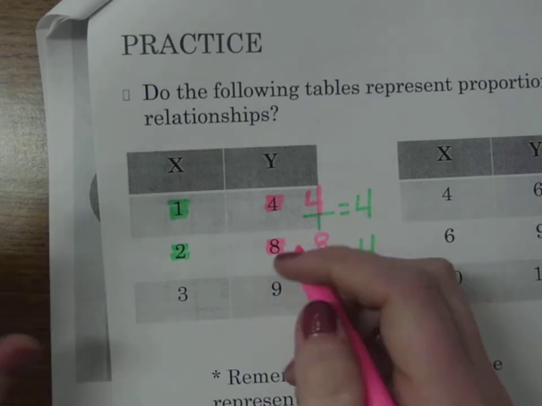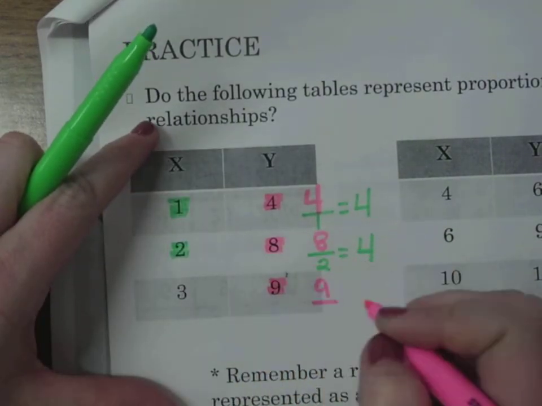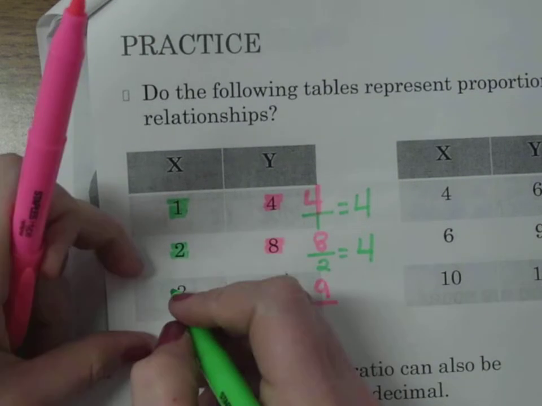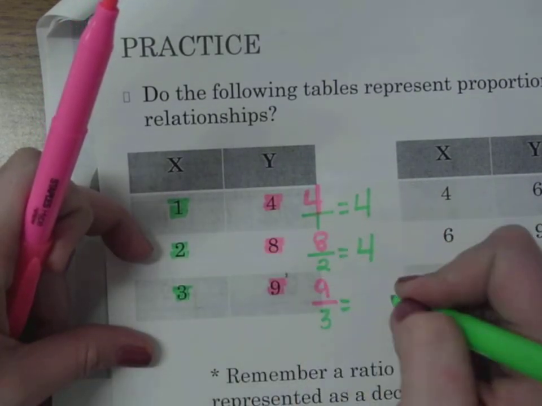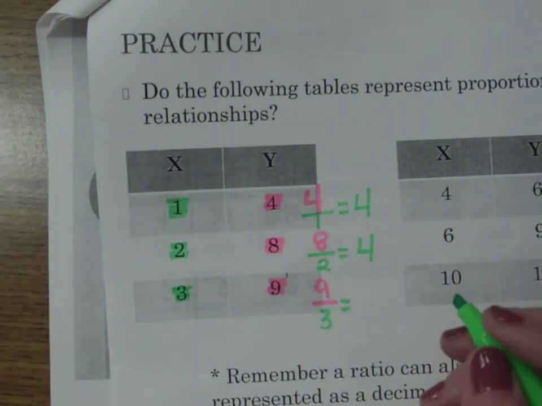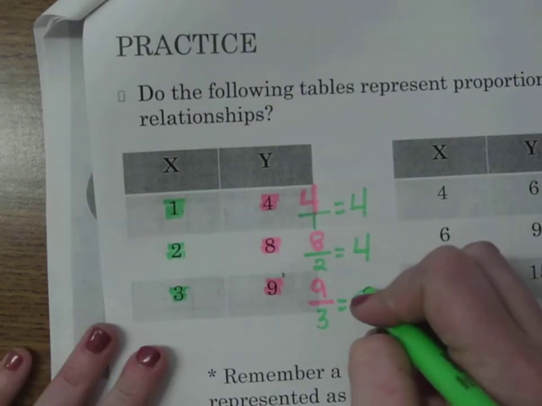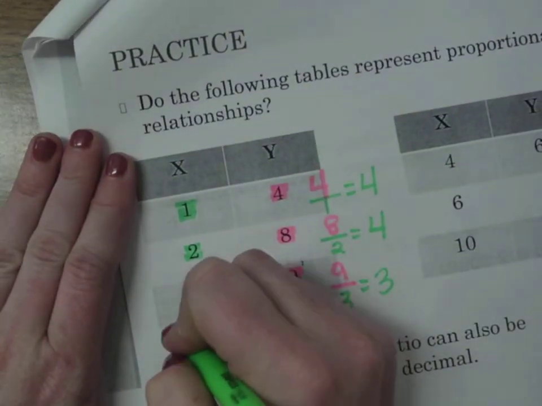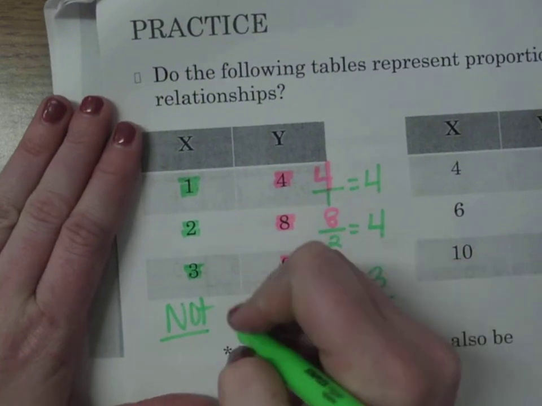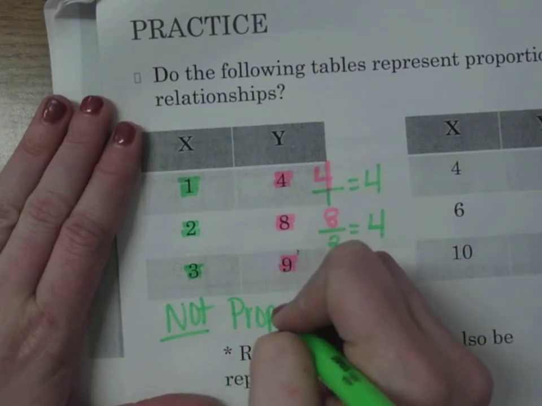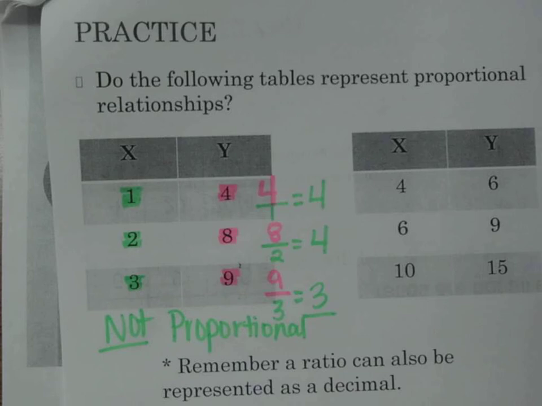But then you get the one that does not work. So it'd be 9 over 3. Type that in. 9 divided by 3 is 3. So this one would be not proportional, because these are not equal. Okay, let's try the next one.